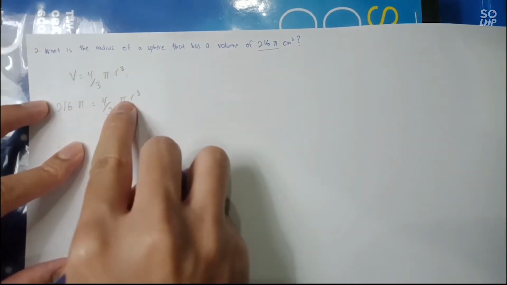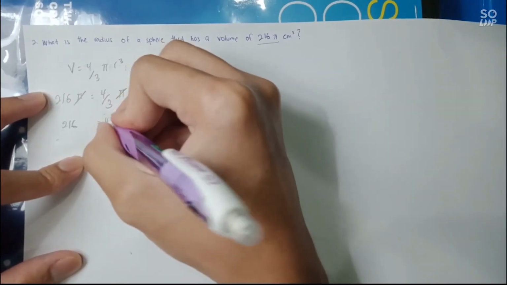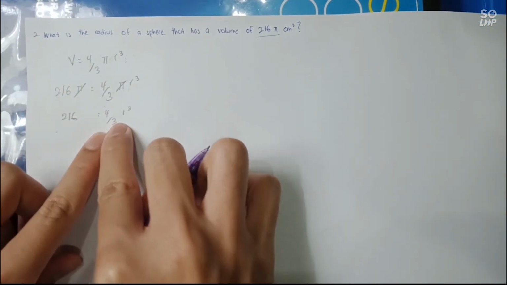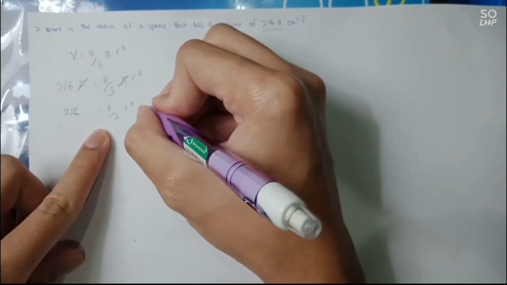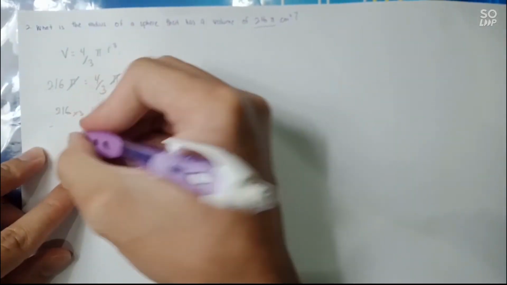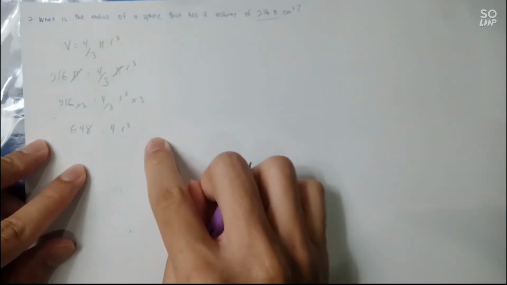So you need to cancel both pi and you will get 216 equals 4 over 3 r cube. You need to get rid of the number 3 here, so multiply both sides by 3 and you will get 648 equals 4 r cube.